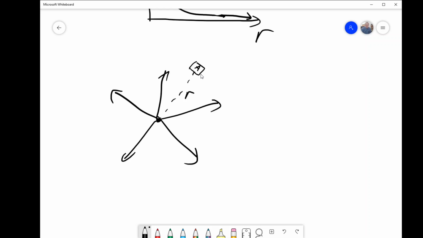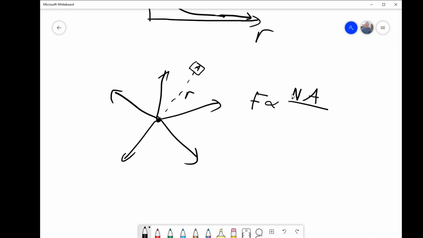Well, to figure out what that number is, we could do proportions. So the force is going to be proportional to, that's what this shortened alpha is, the number of field lines being emitted times the area of your shape.